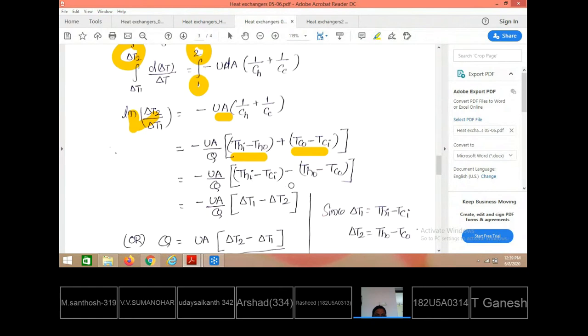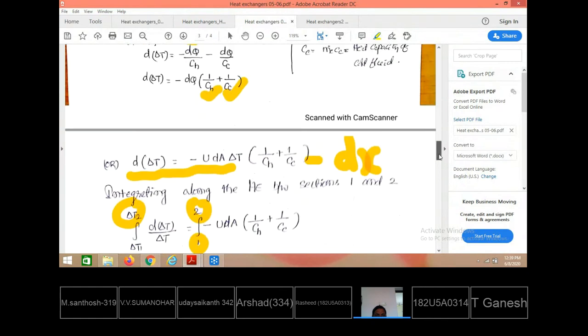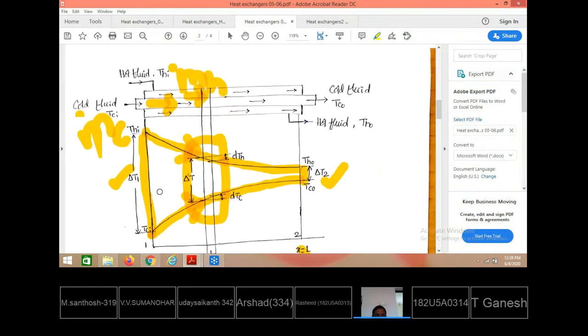What is Thi minus Tci with regard to this parallel flow heat exchanger? If you see, delta T1 is representing the net temperature difference between hot and cold fluid. That is nothing but Thi minus Tci at the inlet level. At the exit level, what is the temperature difference? Th naught minus Tc naught. The gap between these two temperatures is delta T2.